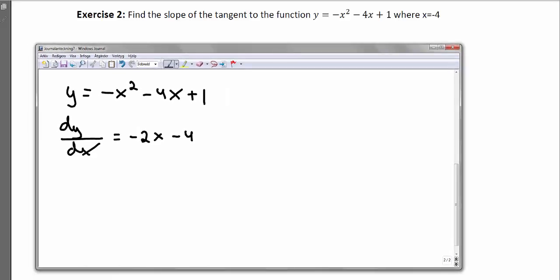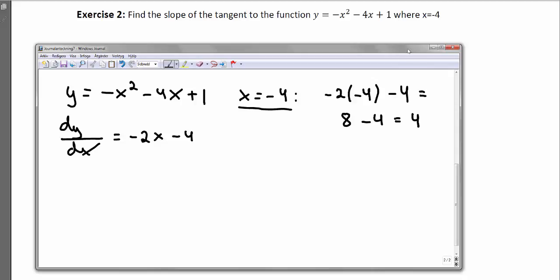So for x is equal to minus 4, we just substitute minus 4 for x here. This will give us minus 2, and then I'm going to write bracket minus 4, and then minus 4. This is minus 2 times minus 4 is equal to 8, minus 4 is equal to 4.